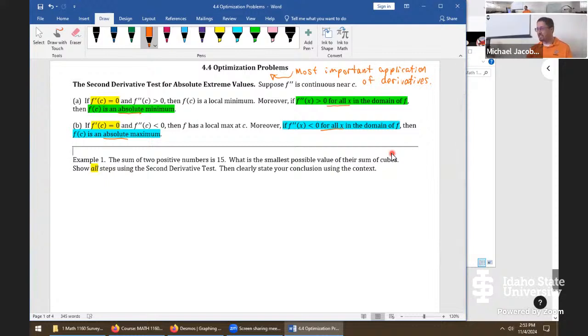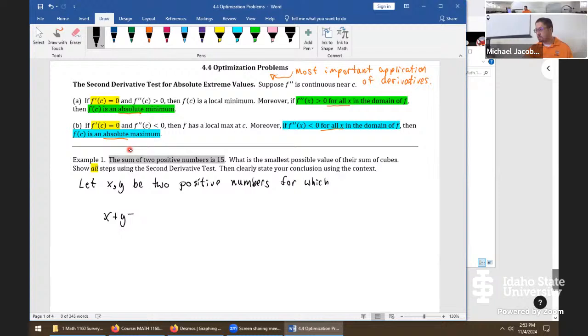I guess we have to read it at some point. Example 1 says, the sum of 2 positive numbers is 15. So already from that write-up, we should just start defining variables. Let x, comma y, be 2 positive numbers for which the sum of them is 15, so that just means x plus y equals 15.